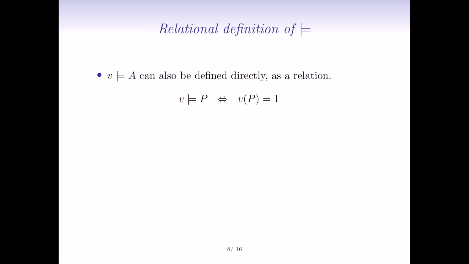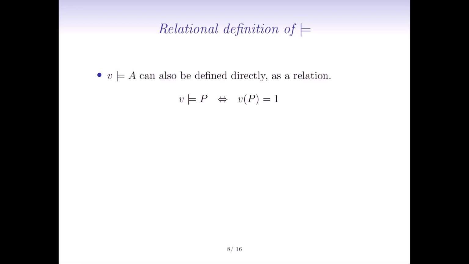Now, although we gave the notion of V satisfies A in terms of the valuation V and then truth tables for the connectives, we can also give a direct inductive definition of the relation V satisfies A. And this will be given by what is called structural induction on A. So in other words, we will have a case of the definition for every possible form of the formula A. So when it's a proposition letter, when it's conjunction, when it's a negation or an implication, and so on.